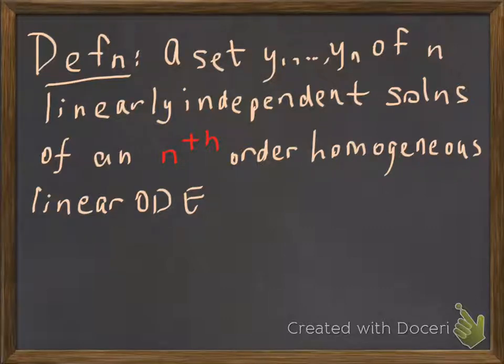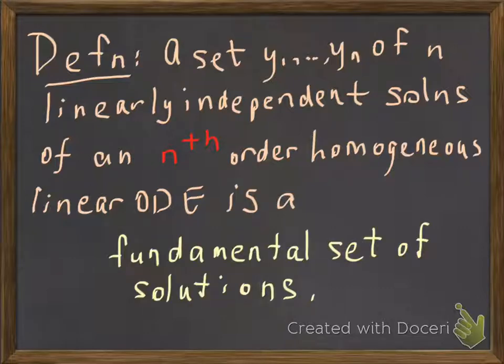Let's suppose that I have a set y sub 1 through y sub n of linearly independent solutions of an nth order homogeneous linear ordinary differential equation. I wrote nth in red here because that is the same n as the number of solutions in my set. That's really important. If I have that, then we say that this set is a fundamental set of solutions.